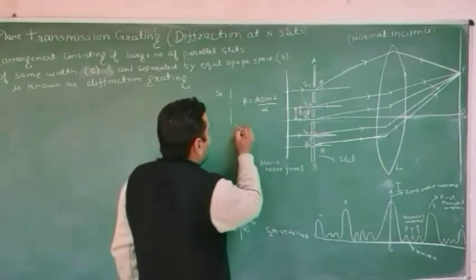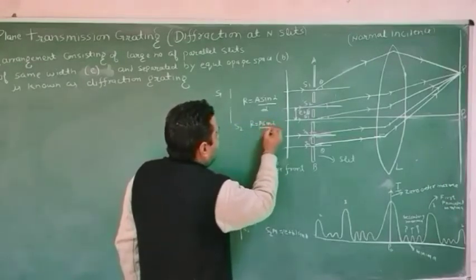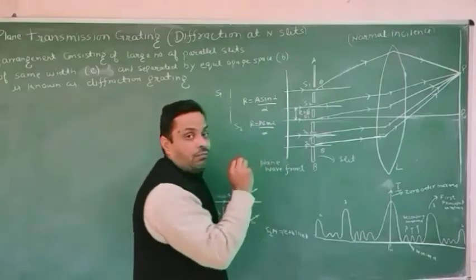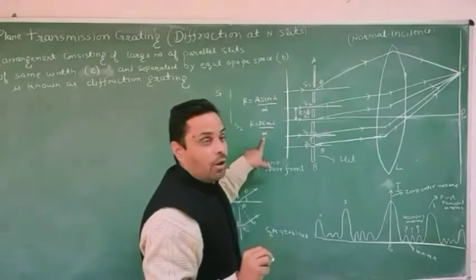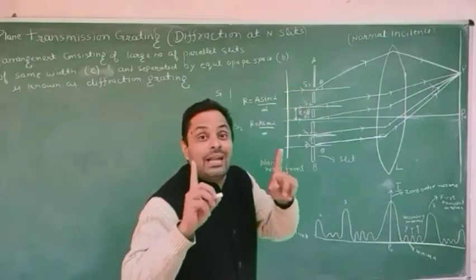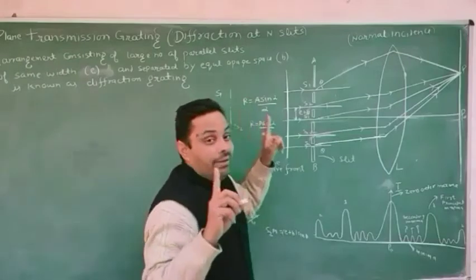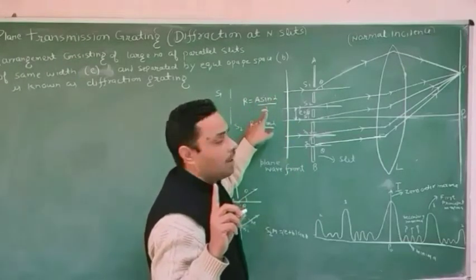From S2 there is again the same resultant, A sine alpha upon alpha. Then from S3 the resultant is again A sine alpha upon alpha. So the resultant wave diffracted from each slit is A sine alpha upon alpha.